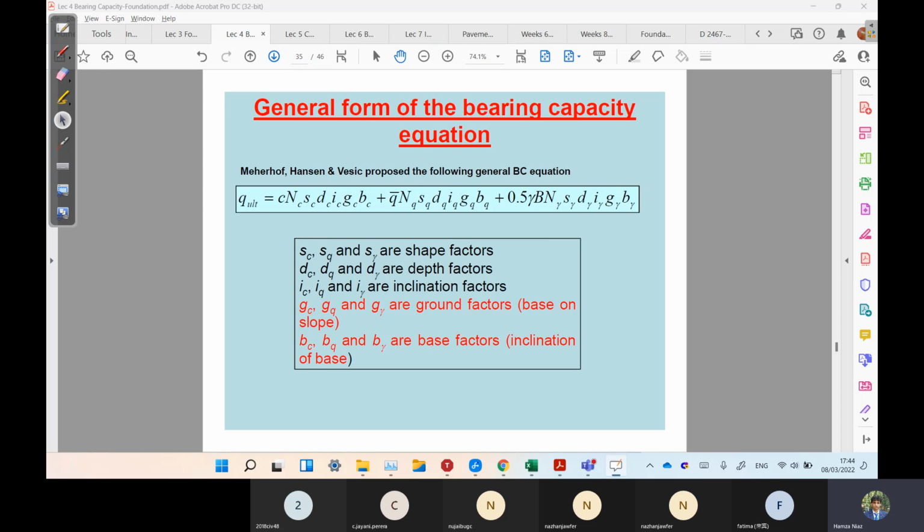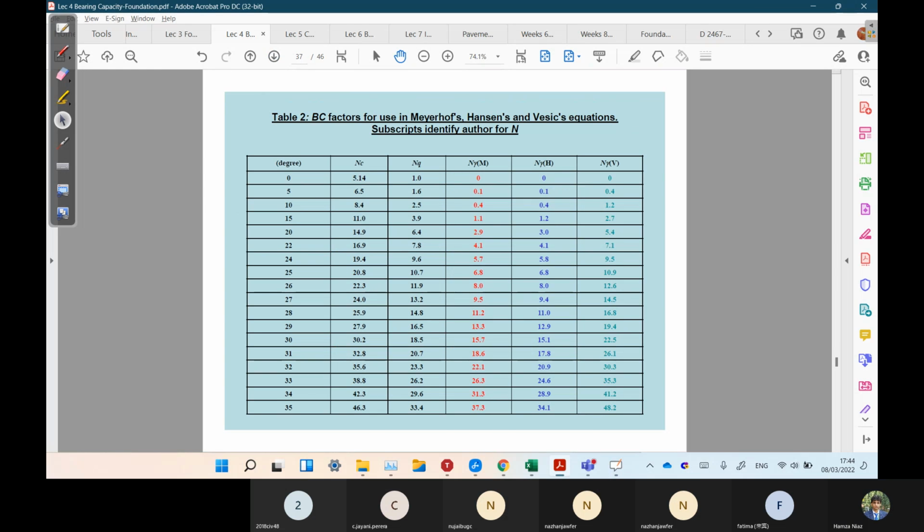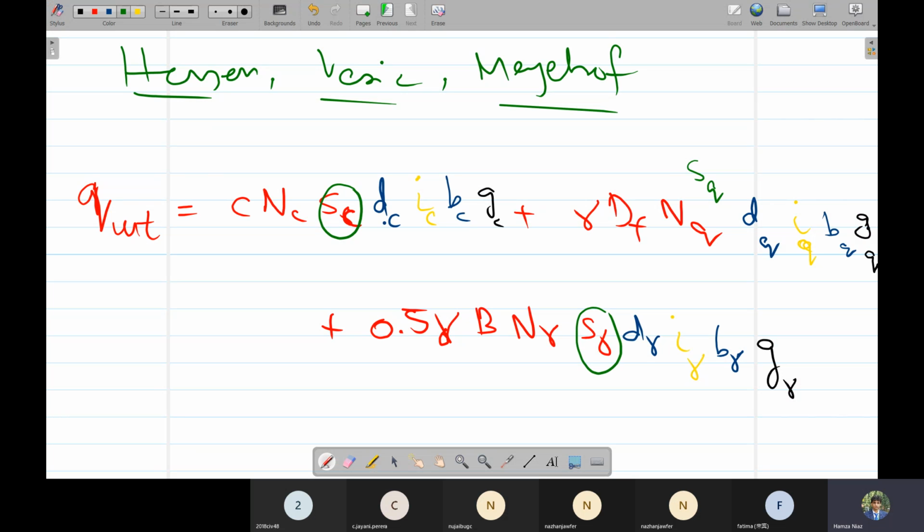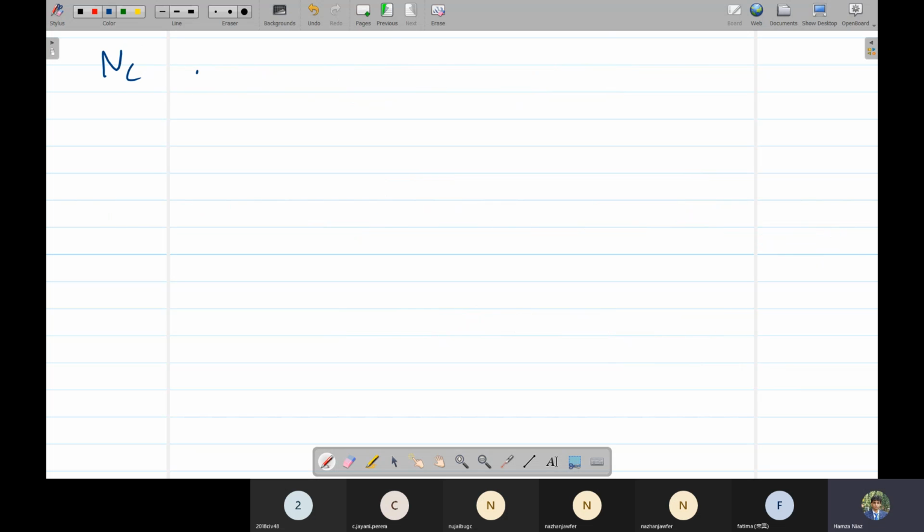Their equations will simply be given. First of all, we'll check this one. First, we have N c, N q, and N gamma. What are these factors? These are bearing capacity factors.